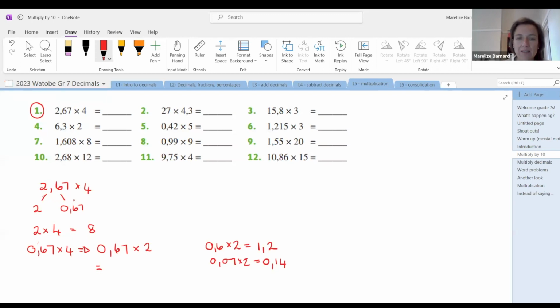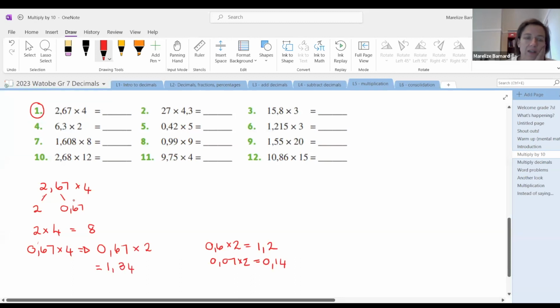And if I add that all together, that gives me 1,34. So 0,67 times by 2 is 1,34.